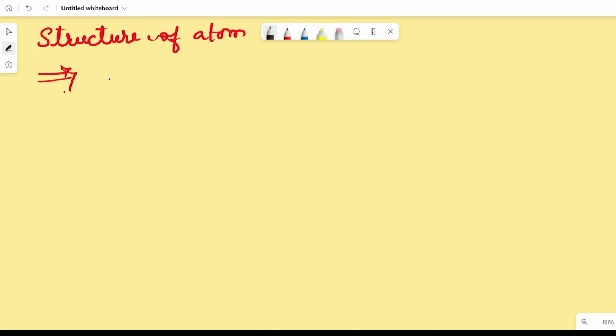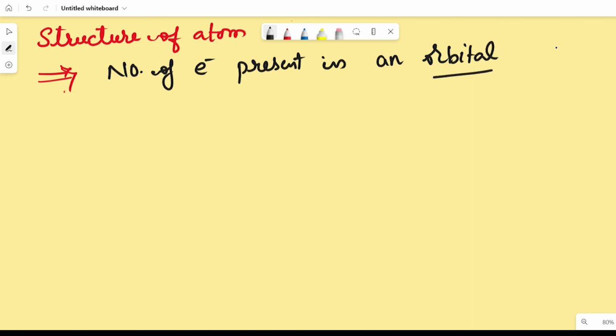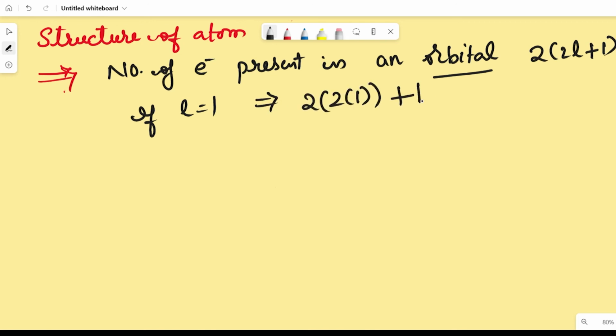Now, the number of electrons present in an orbital. There is a formula: 2 into (2l plus 1). If l is equal to 1, that implies 2 into (2 plus 1), which is equal to 6.